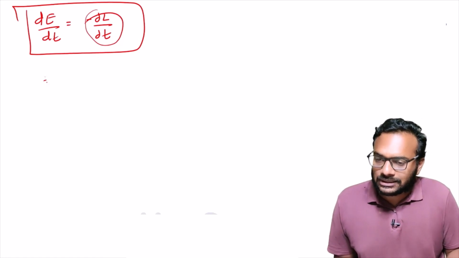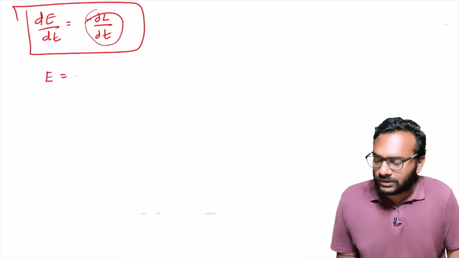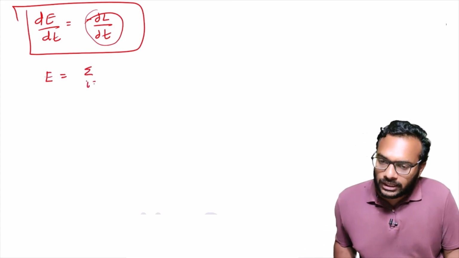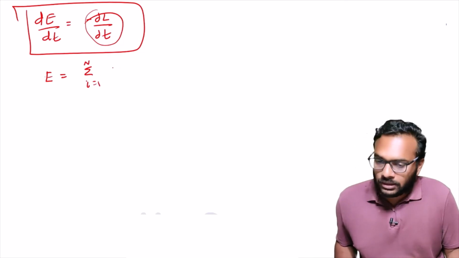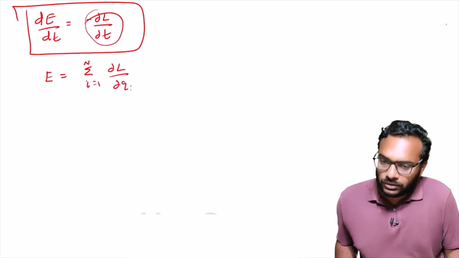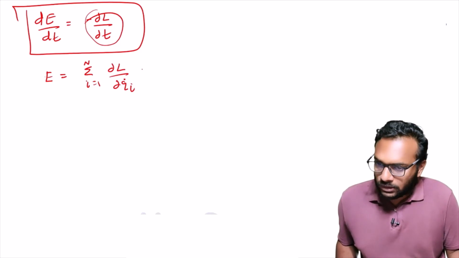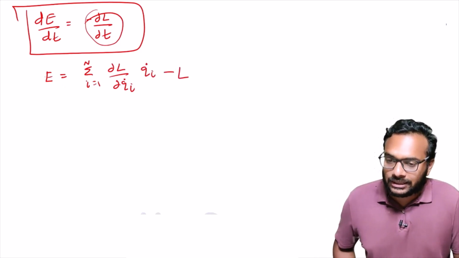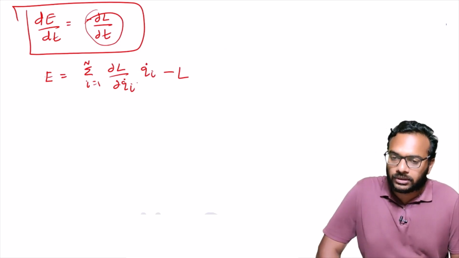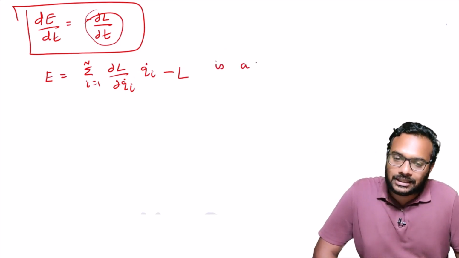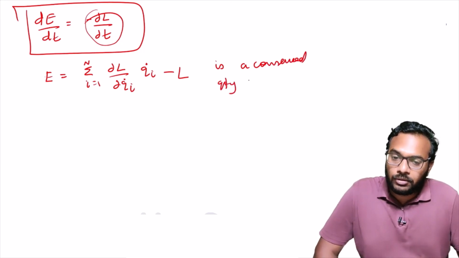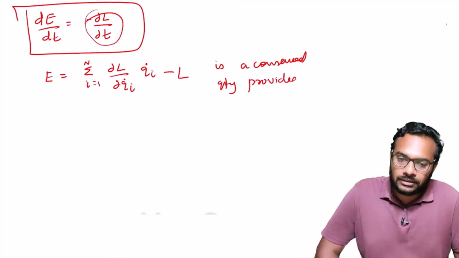We checked the first option, which was given as E equal to the summation over i from 1 to n of ∂L/∂qi dot times qi dot, minus L. So we conclude that E is a conserved quantity provided ∂L/∂t is equal to 0.